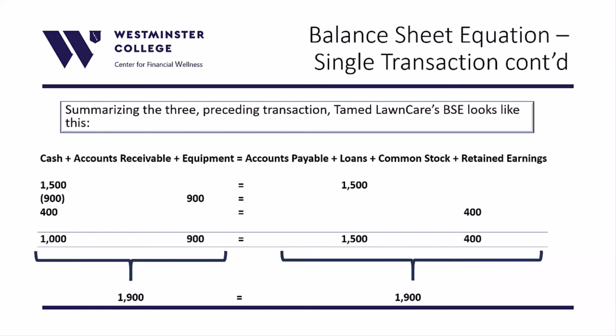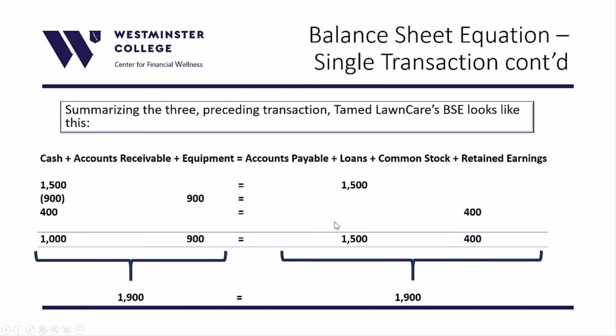Okay, if we pause here and summarize the 3 transactions we just went through, we can kind of prove that given all 3 transactions, the assets still equal the claims. We're just going to do a little math. We're going to simply add up each of the columns, which represents an account. So for example, the 3 transactions impacted our cash account by increasing a net of 1,000.